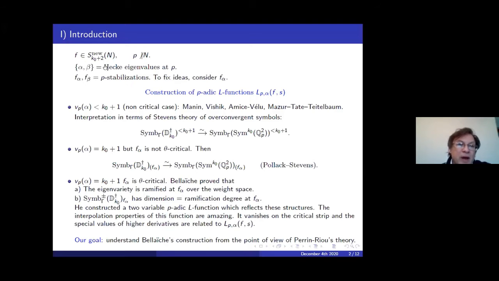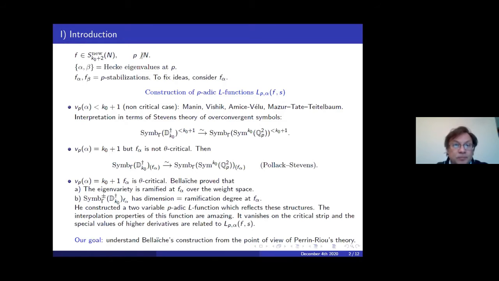We denote by alpha and beta the eigenvalues of the Hecke operator at p, and denote by f_alpha and f_beta the p-stabilizations of the form f. Just to fix ideas, let's pick one of these stabilizations, say f_alpha.